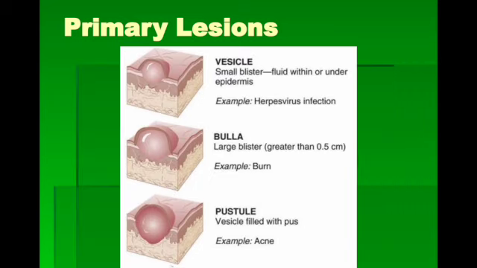And then some of these fluid-filled lesions, you have vesicles, which are small blisters with fluid under the epidermis or in the epidermis, which you might see in a herpes infection. Bullae, which are large blisters, typically greater than half a centimeter or centimeter, and you might see that in burns. And pustules, which are pus-filled vesicles that you might see in things like acne or folliculitis.